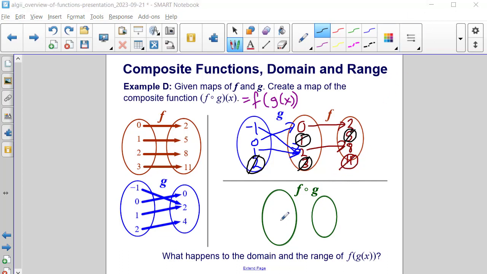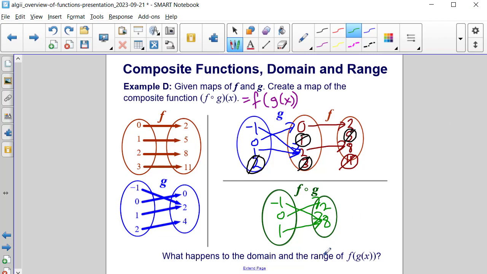So this can also get canceled out. So now we have updated domain and range values for f of g of x. The domain is now restricted to be from -1, 0, and 1 to 2 and 8. So -1 maps to 8, 0 maps to 2, and 1 maps to 8. So now let's answer this final question.